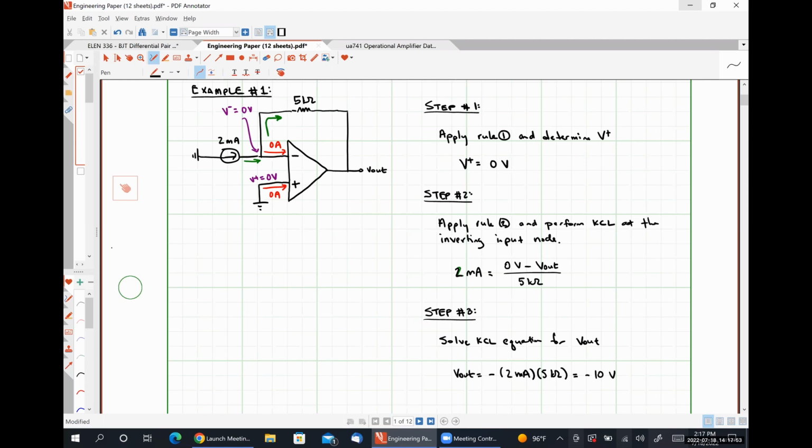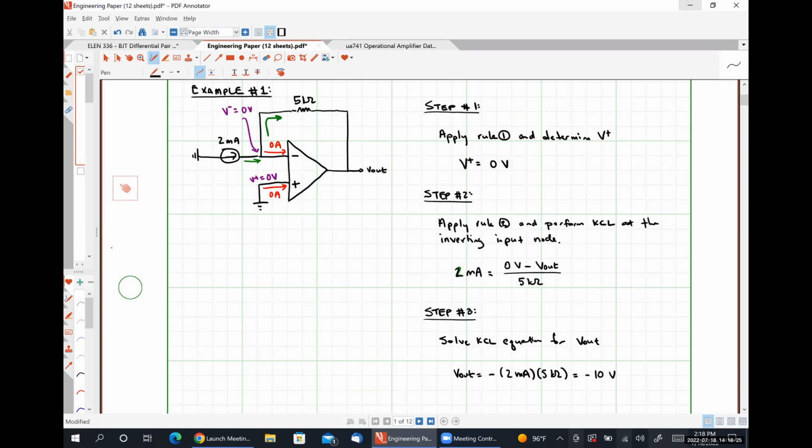It changes the polarity or inverts the polarity of the input signal, okay? If we had a circuit where we applied a voltage at the non-inverting input terminal, we'll cover one of those in just a moment, we'll see that our output signal will be a positive voltage. So the inverting input terminal flips the sign on the output, the non-inverting input terminal keeps the sign.